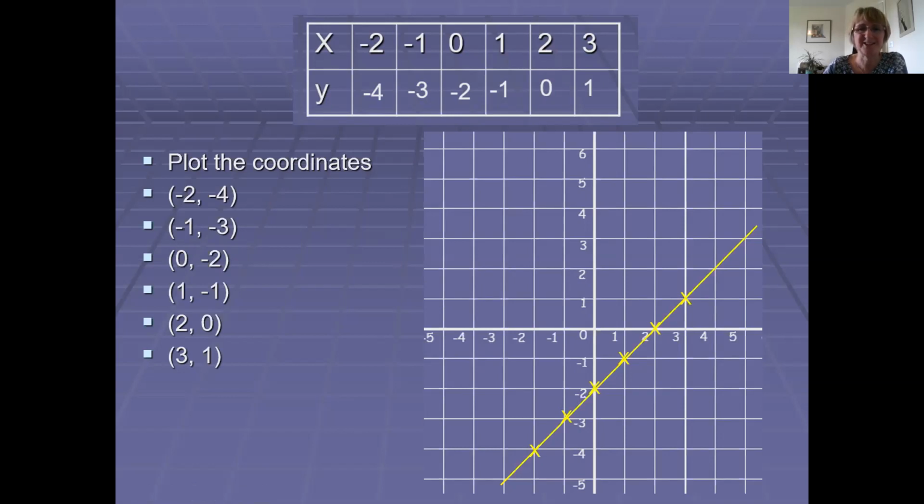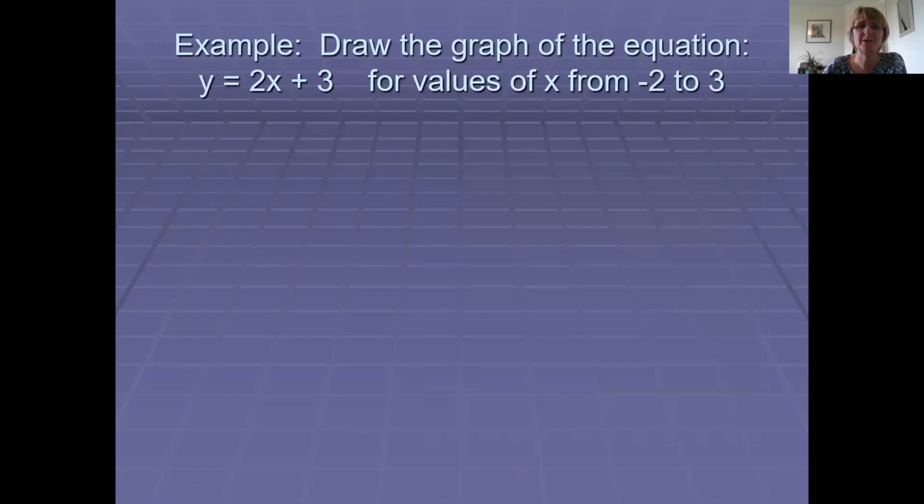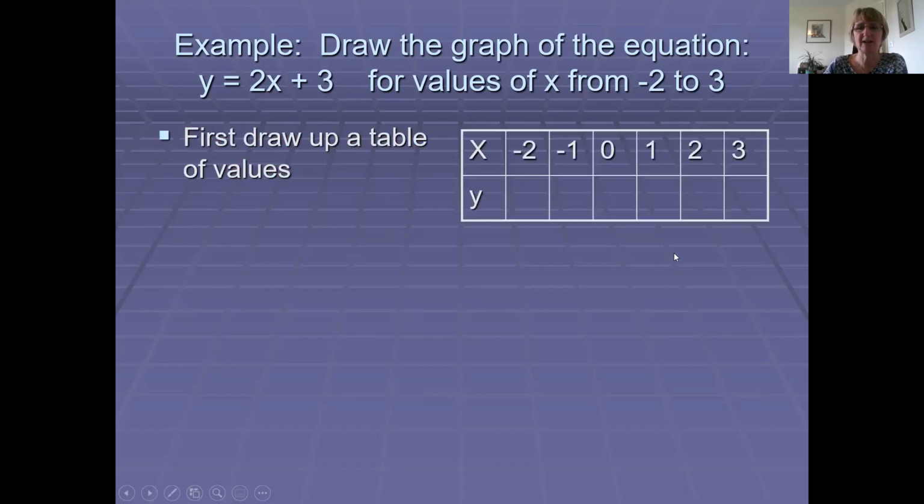Okay, let's try another one. Right, here's another one. We've got y equals 2x plus 3, and it tells you what values here. So like the last question, draw up a table of values. Now let's see if we can work some of these out. So I'm going to calculate the y values, but this time what I've got to do is 2 times the x coordinate and then add 3.